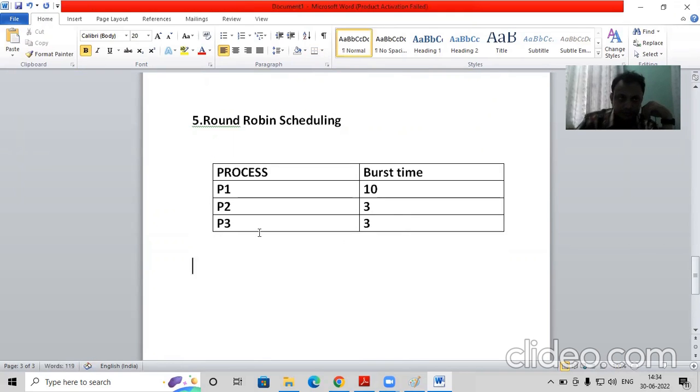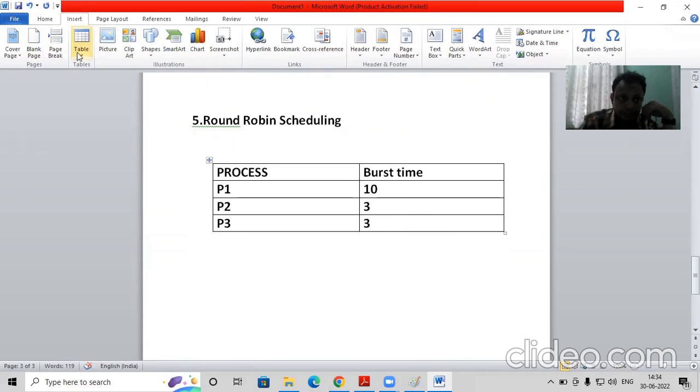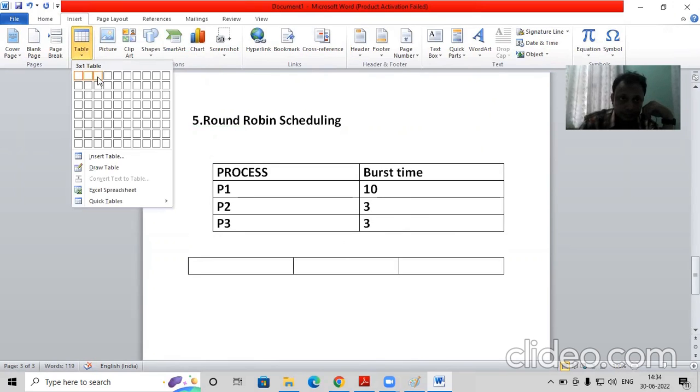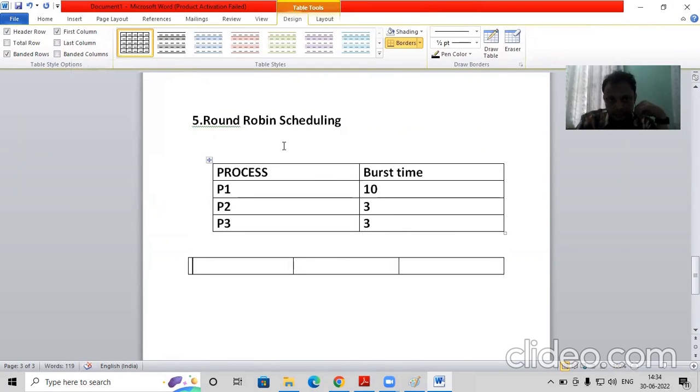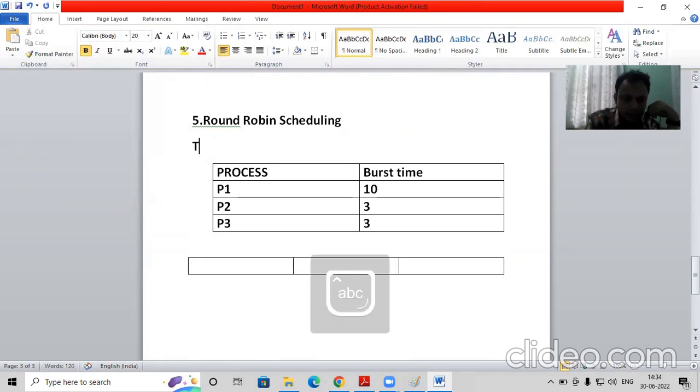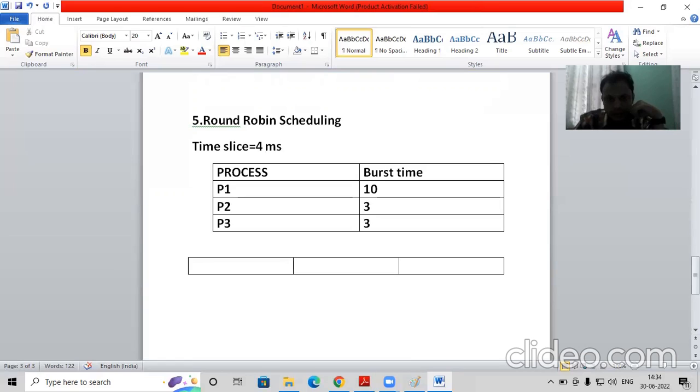Now what will happen? Here a time slice is used. Suppose in this case we are taking the time slice as 4 milliseconds. 4 milliseconds means each process will get time of only 4 milliseconds.